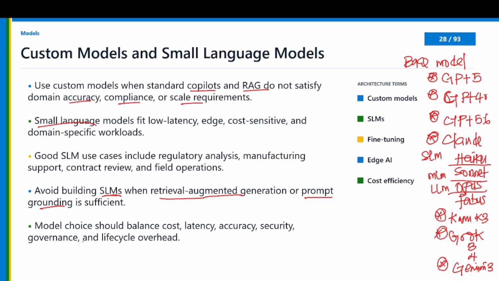Make sure as much as possible to build or plan your architecture to minimize cost, to maximize profit, and to secure company information. So governance and security is very, very important, and latency and accuracy, and also balance cost overhead.